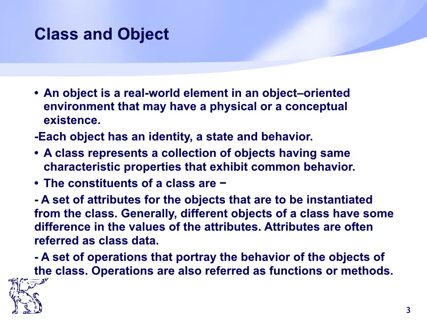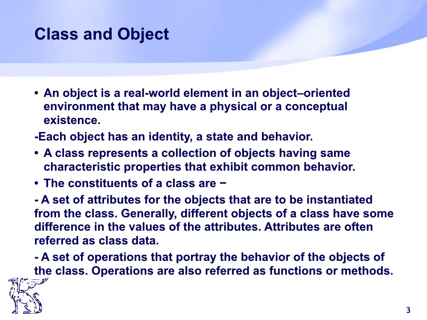And the next one is class. Class represents a collection of objects having the same characteristic properties that exhibit common behavior. So common behavior is actually an important thing in class. You can see here that the concepts of class and object are actually linked with each other.